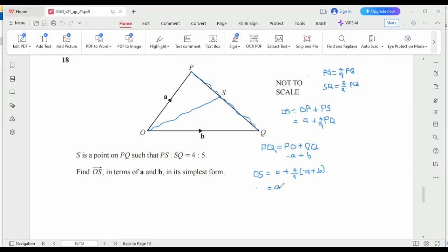So we expand the other side. It was 4 over 9 times minus A first. We get minus 4 over 9 A, that is minus 4A over 9.